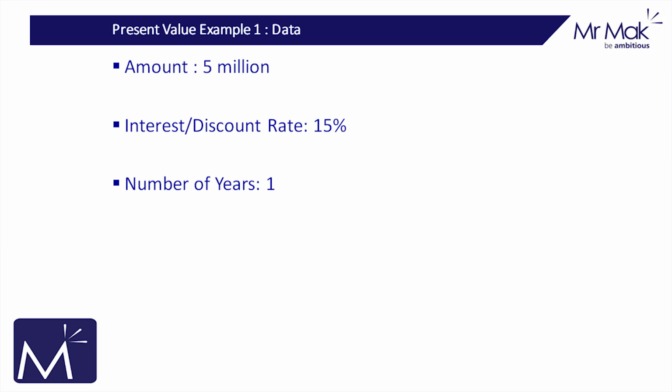In my first example, we have an amount of 5 million, a discount rate of 15%, and it's an amount that's due a year from now. What is the present value if you had to express it in its value today?